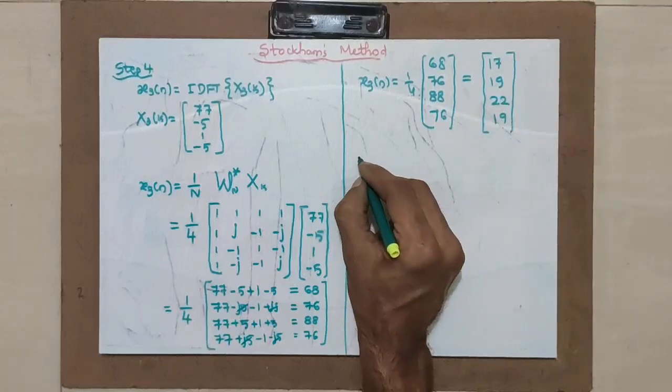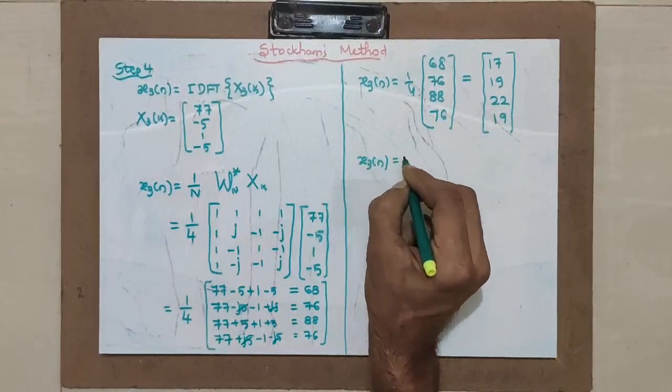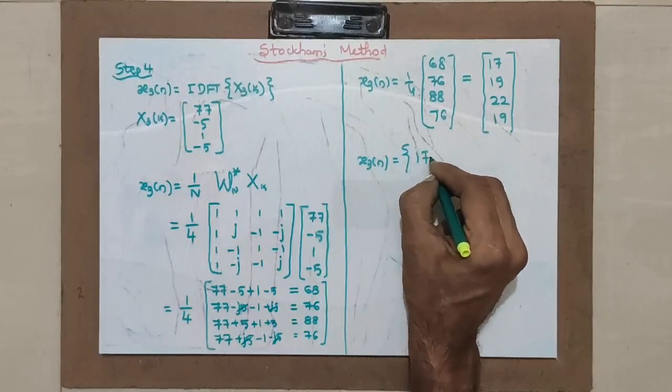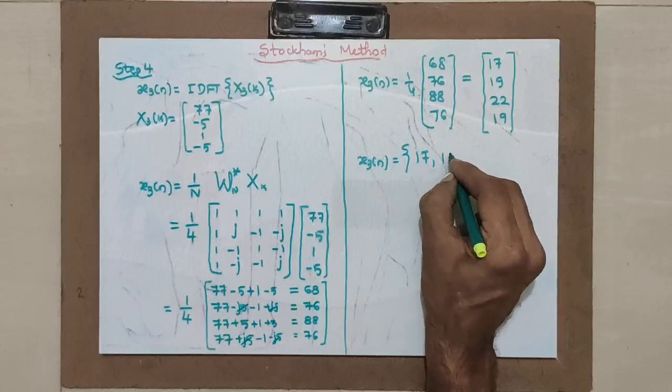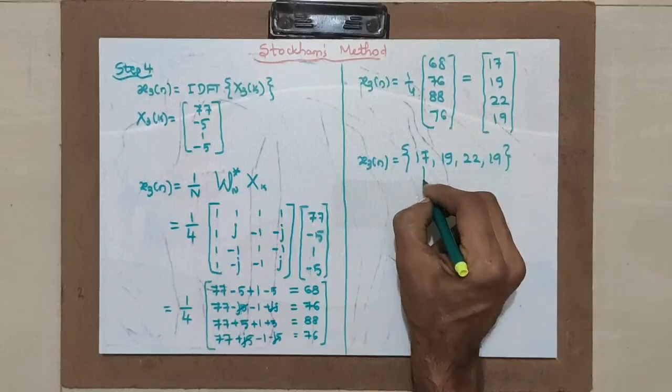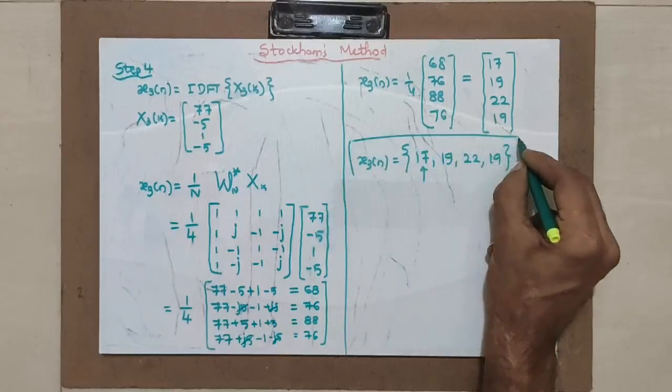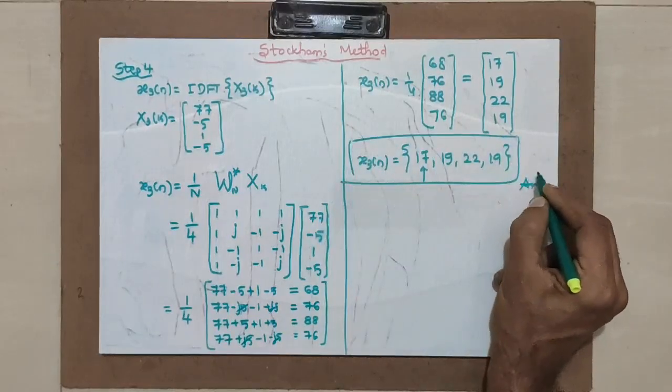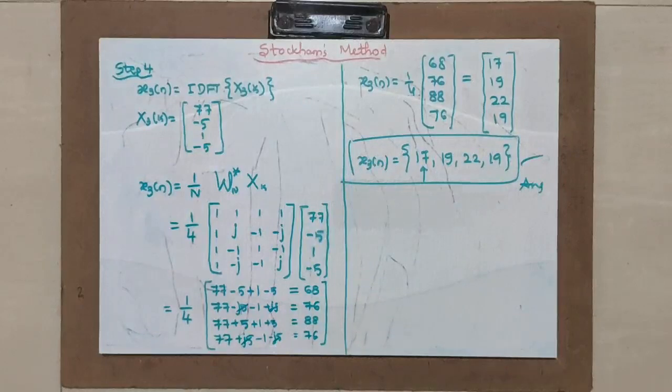Okay, you are getting the answer as 17, 19, 22, 19. Okay, this is my answer. You already had got this in your assignment. Anyway, I solved this with Stockham's method. See, Stockham's method is very important. One has to see to that.